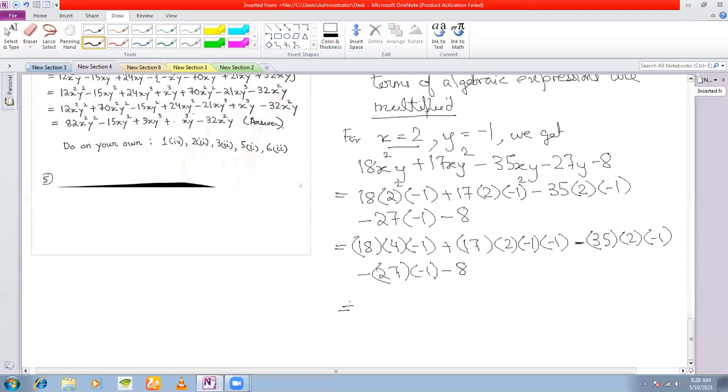Next, we are going to multiply these together. See, 18 into 4. Both are plus. Plus plus and minus is going to give you a minus, right? And 18 into 4 is how much? 72, right? Next, these two are plus, it's plus 17 plus 2.